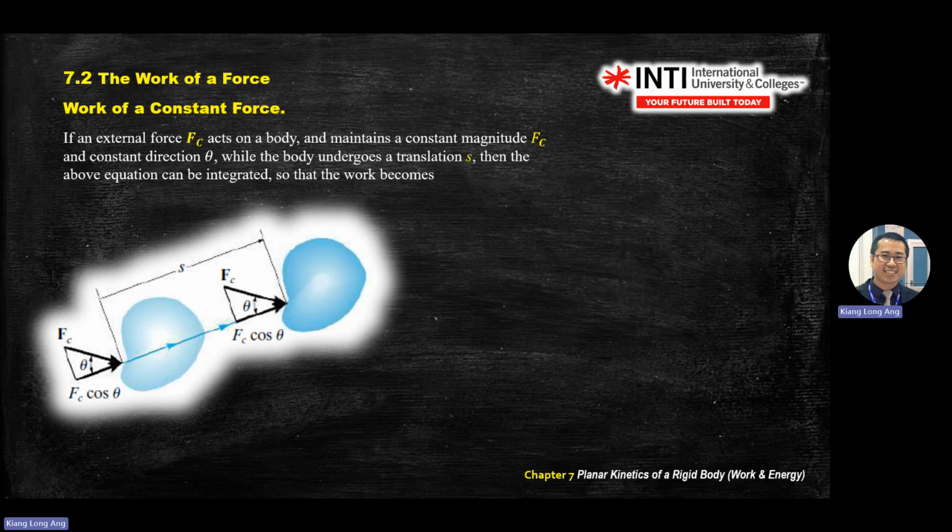You know that when the force goes 90 degrees to the path, there's no work done. Only this component, which you convert into F cos theta, is parallel to the path, so it will generate work. The same principle applies: when the force goes parallel with the distance, then you generate work. Make sense?